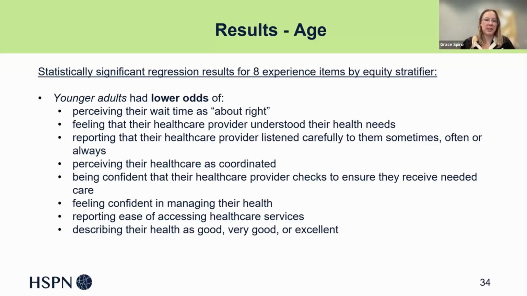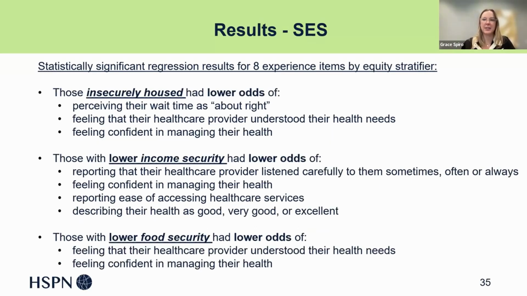When it came to the results by socioeconomic status identifier, so again, that was our housing, income, and food security, we saw several statistically significant results, and in each case, those who were insecurely housed, had lower income security, or had lower food security, had less favorable patient-reported experiences.